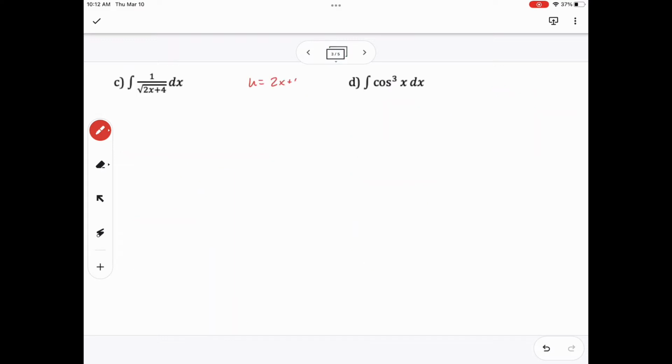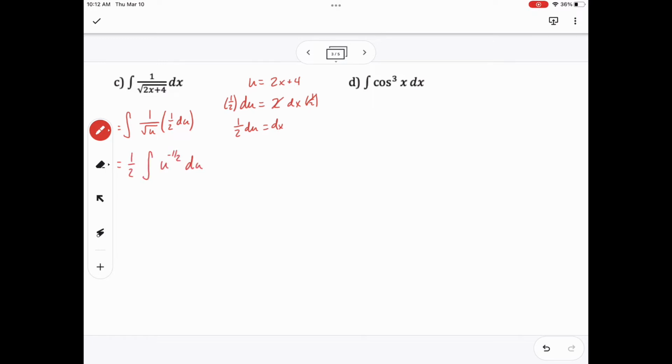On letter C, here we'll set u equal to 2x plus 4, and take the derivative. Once again, there is no 2 out in front as a constant, so we'll need to rewrite that and have it as 1/2 du. And so we'll plug in what u is and what dx is for that. And then that allows us to move the 1/2 out front.